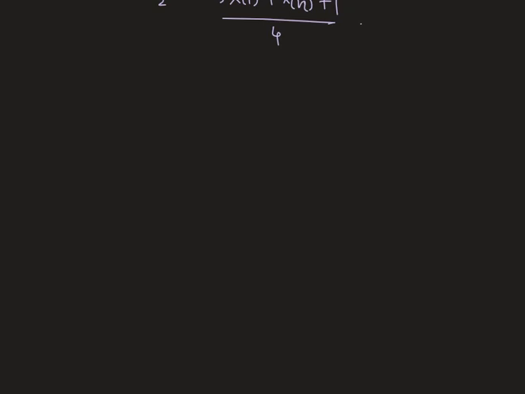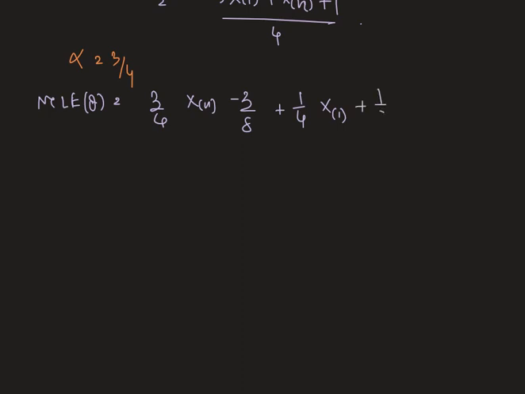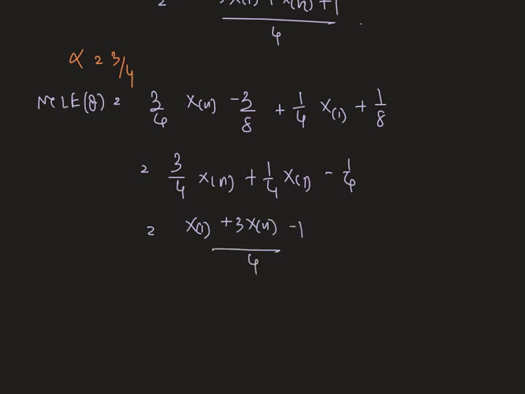Now if we choose alpha equal to 3/4, then the MLE reduces to 3/4 x order n minus 3/8 plus 1/4 x order 1 plus 1/8, and this reduces to 3/4 x order n plus 1/4 x order 1 minus 1/4, or we can write x order 1 plus 3 x order n minus 1 whole divided by 4.